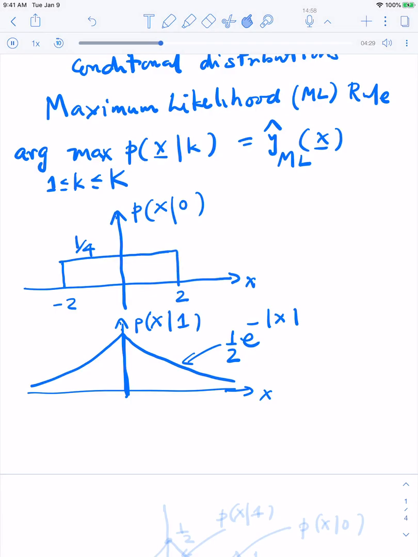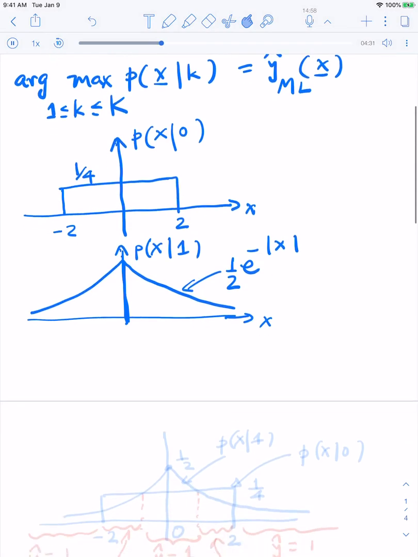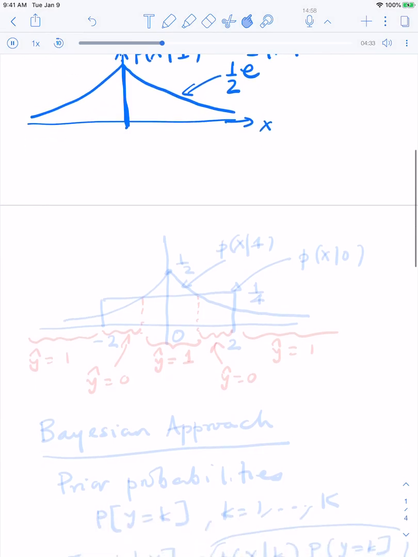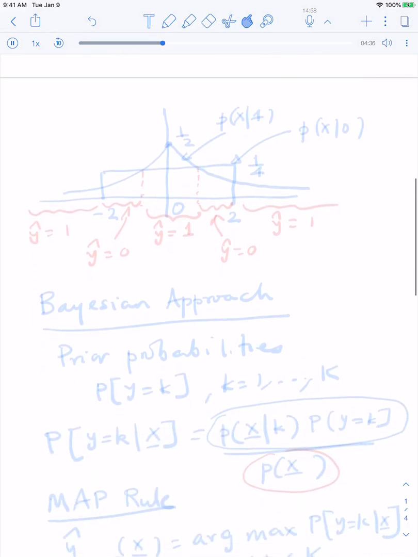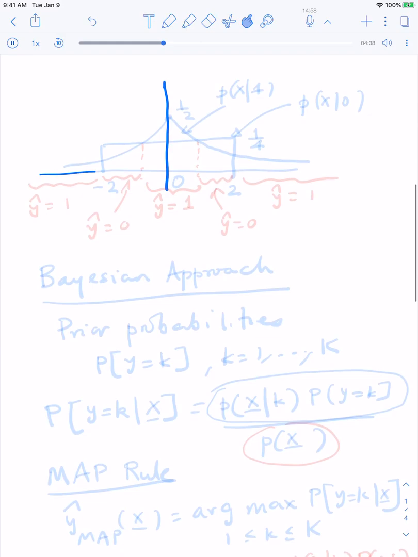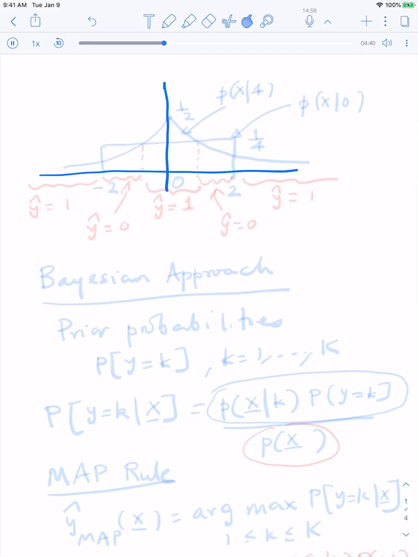Let's see what it looks like by overlapping one on top of the other. When we overlap one on top of the other, let's draw this. You have to calculate the numbers, but this is -2 to 2. This height is 1/4. The other one is half e to the minus magnitude of X. At X equals 0, the height is half.